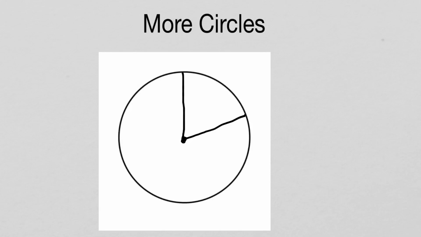You look at this and the first thing you think is that this is a sector, but really this whole thing through here is a sector too. So today we're just going to talk about calculating the area of a sector of a circle.